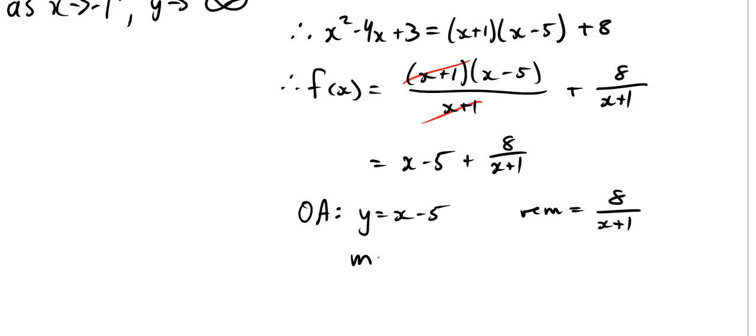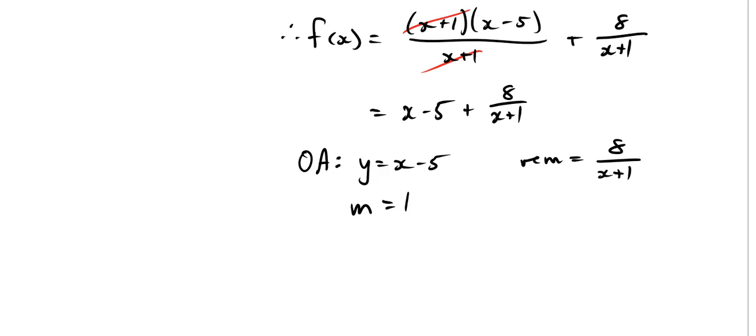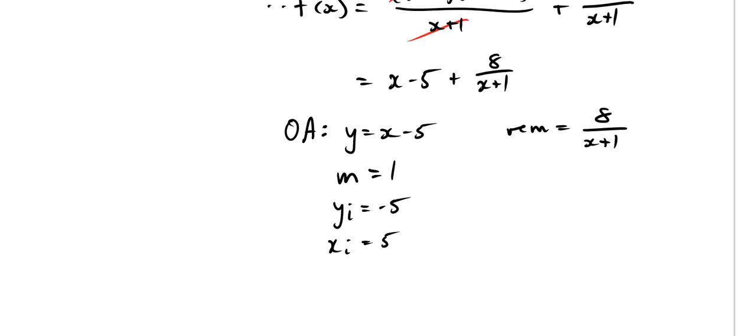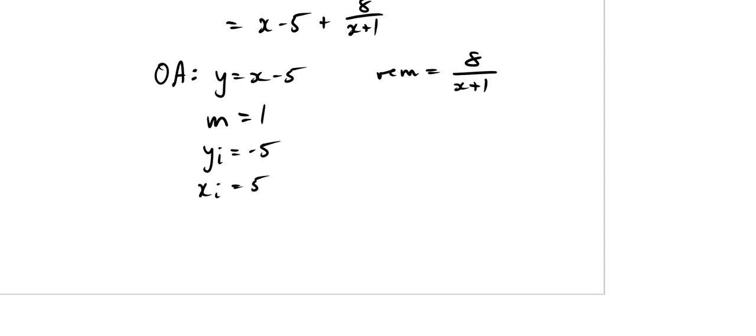So then we usually do this, right? The slope is 1, the y-intercept is negative 5, and the x-intercept is positive 5. And we can do our behavior testing. I hope I have enough space here. Now we've got to remember, how do I do the testing for an oblique asymptote?